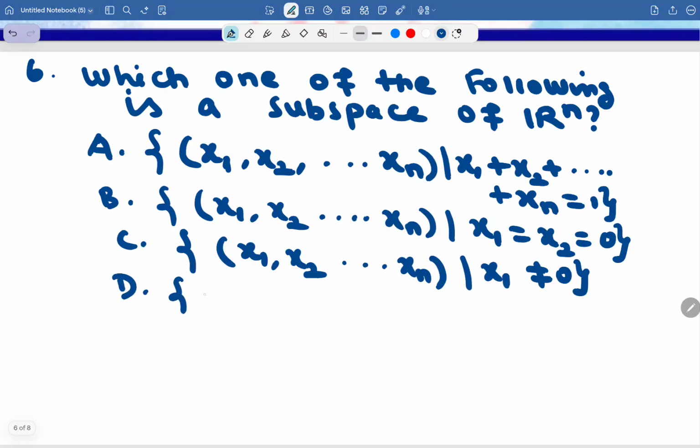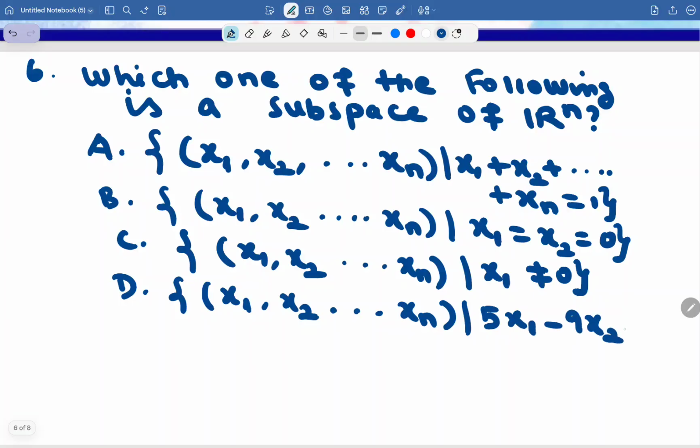Option D, set of all (x1, x2, ..., xn) such that 5x1 minus 9x2 is equivalent to 6.